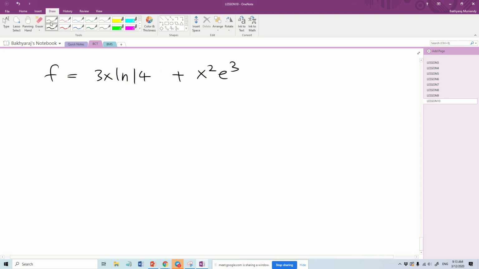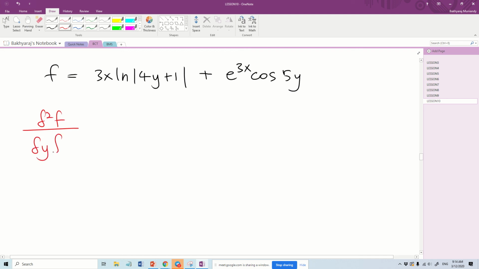I give you 4y plus 1) plus exponent 3x, and then here I give you sine, I give you cos 5x, 5y. This is my question, and this time I want you to find delta square f over delta y delta x.